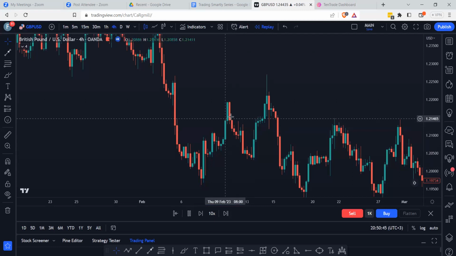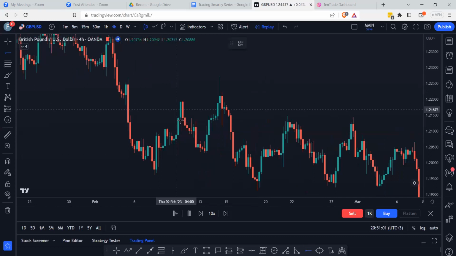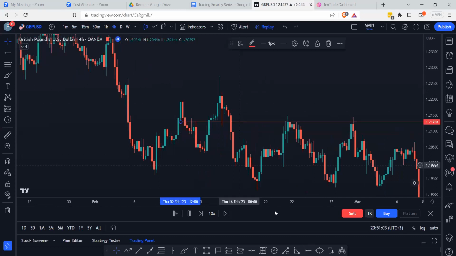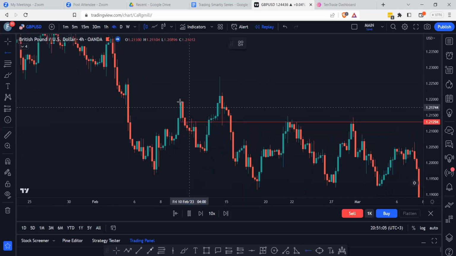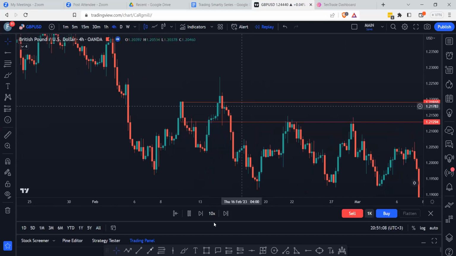The last bullish candle before the reversal, before the change in direction, that's how you identify resistance. In this case, I'm concerned about this bullish candle here, from here to here, to this top. I use my rectangle to mark it out.